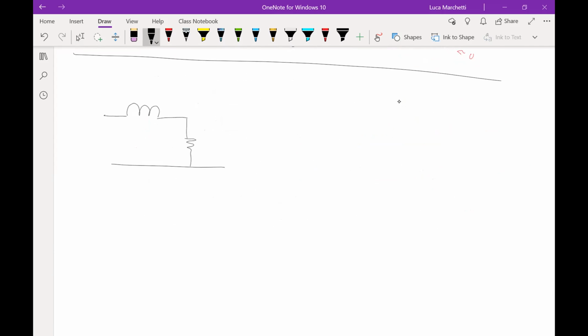Try to use the trick that I just told you and try to understand if this is a low pass filter or a high pass filter just by thinking about the trick that I just taught you. Again, the thing is very easy. We just have to evaluate this for high frequency and also for low frequency, and then we already have an idea of the behavior.